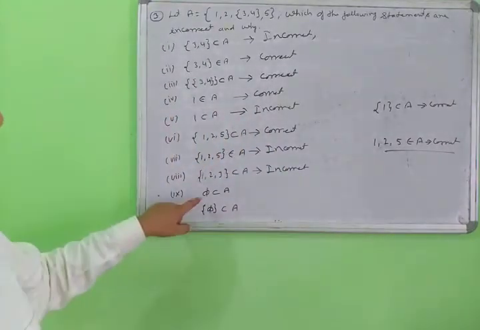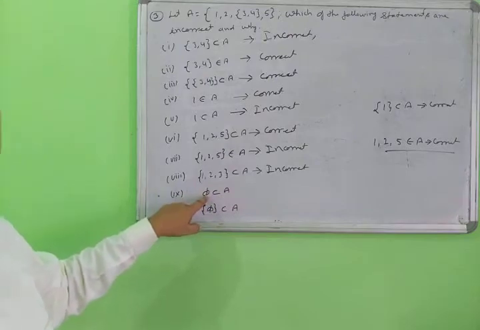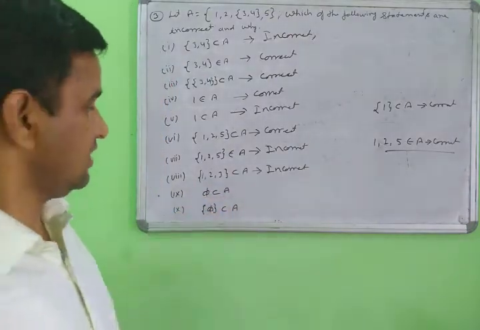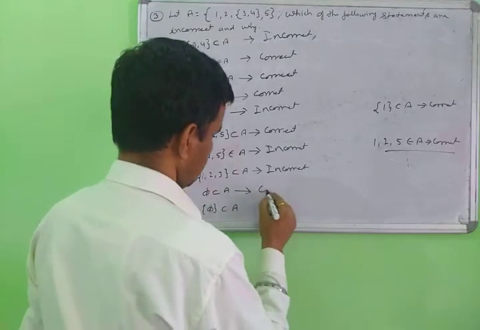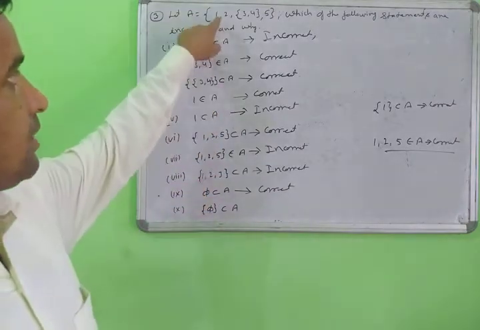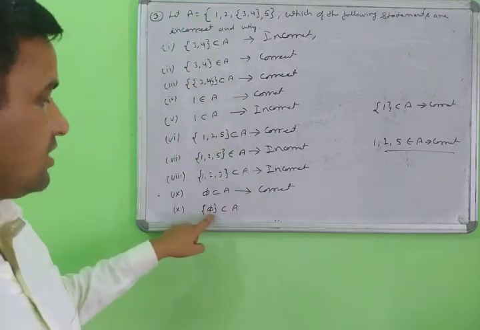Next, the empty set belongs to A, and the empty set is a subset of A, from the property of subsets: the empty set is a subset of every set. This is correct. Here it is not an element. Suppose it is an element, then you can write subset.